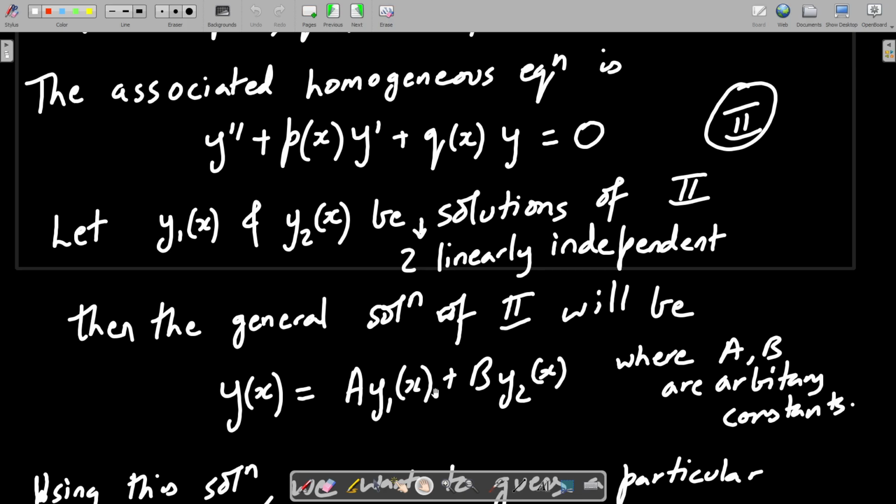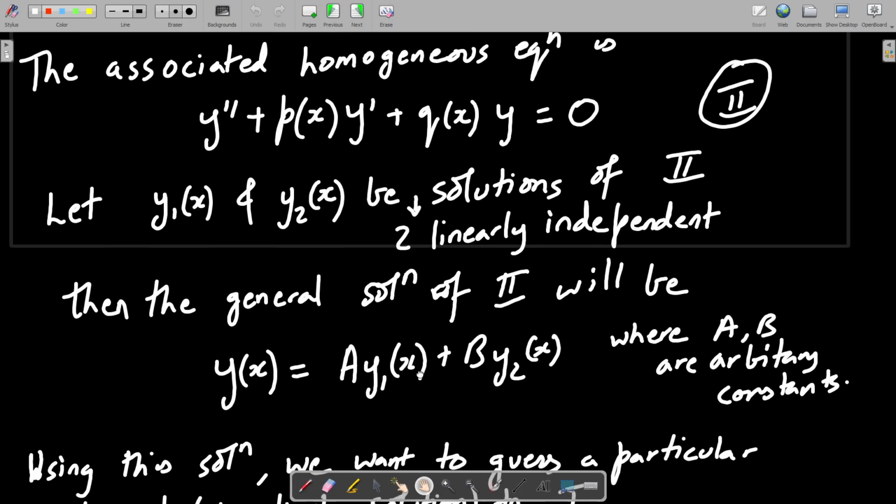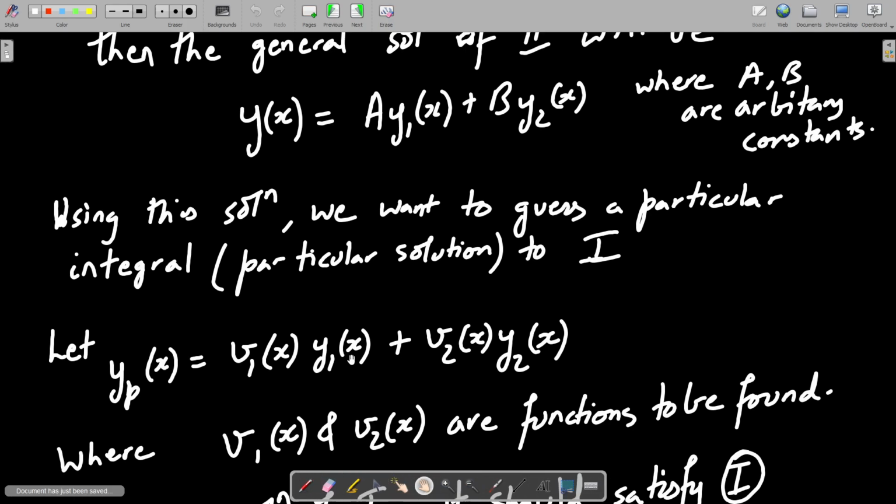We called the solution y of x is equal to a constant A times y1 of x plus B times y2 of x. After that, we considered a particular integral. I have used different alphabets here, like A and B, and V1 and V2.